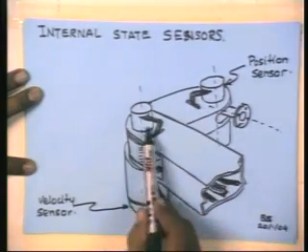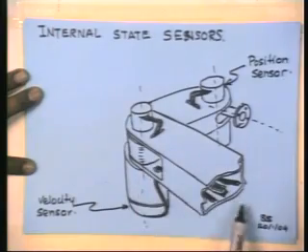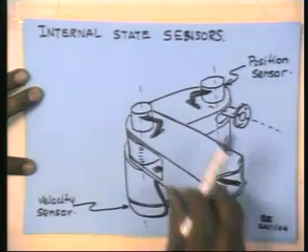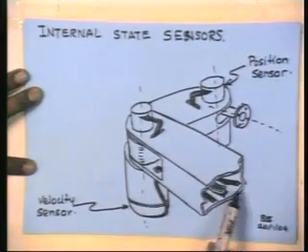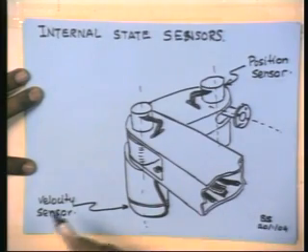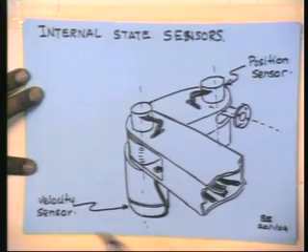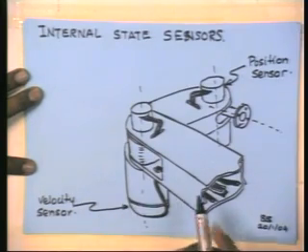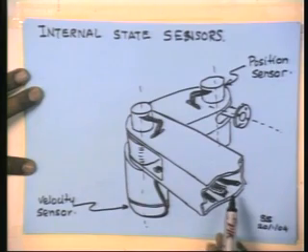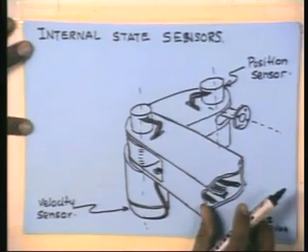Obviously, in a real robot, you will have to worry about all the signals coming out from these sensors and their routing to the controller. In practical robot design this becomes something to really worry about: how the cables are going to run, that they will not interfere with the movement, they will not get entangled, they will not get damaged. Those are of course issues of practical robot design. We are not going to worry about that too much.